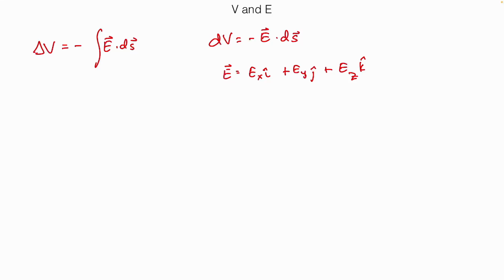And then ds, its most generic form in Cartesian coordinates would be dx i hat, dy j hat, and dz k hat. What does that say? What are dx, dy, and dz? They're like little pieces of length in those directions, right? If I change a little distance along the x-axis, it would be dx, right?